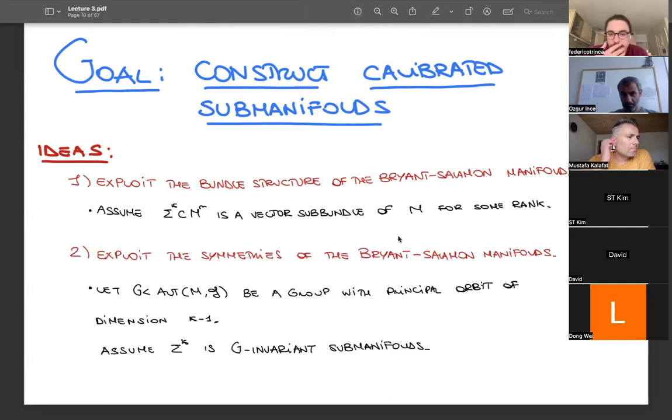The second idea is that the Bryant–Salamon manifolds have a big symmetry group, so we can consider a cohomogeneity one action. We're going to look for submanifolds that are invariant under some cohomogeneity one subgroup of the automorphism group.